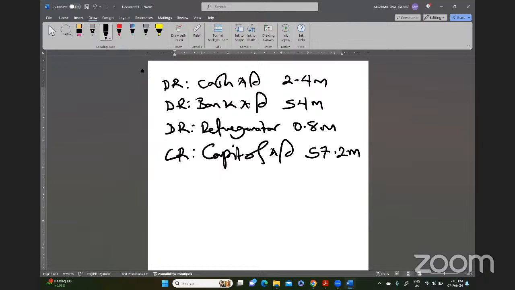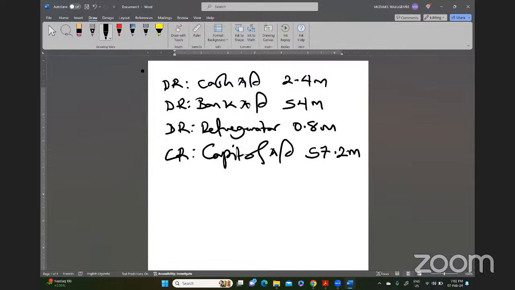So at the start, we are having capital of 57.2 million. And that capital 57.2 is in form of cash, bank, and a fridge. That's how we started.